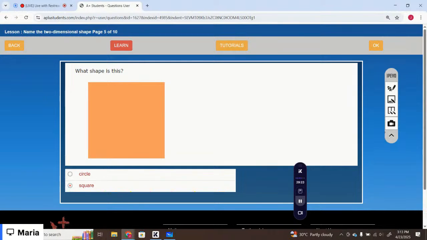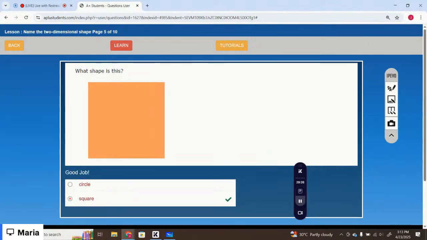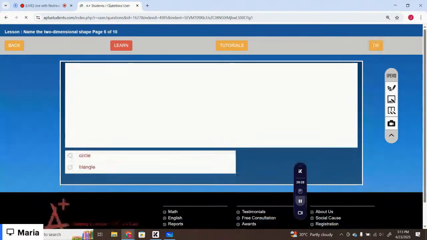Square it is. Option number two is the correct option. What shape is this? That is a triangle. Option number two is the correct option.